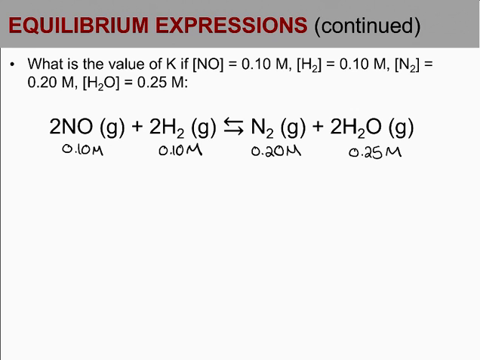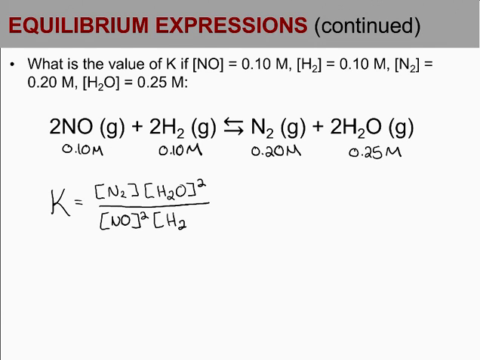Okay. And then we already wrote out the equilibrium constant expression, so we'll rewrite that. And remember, it's products over reactants. It's very easy to accidentally flip those.